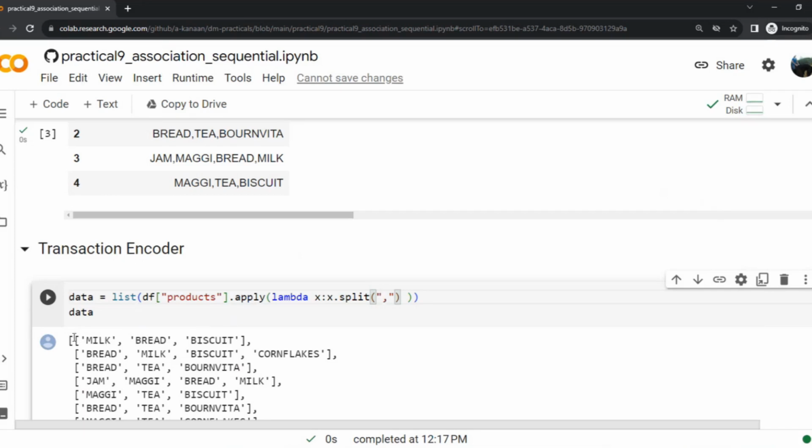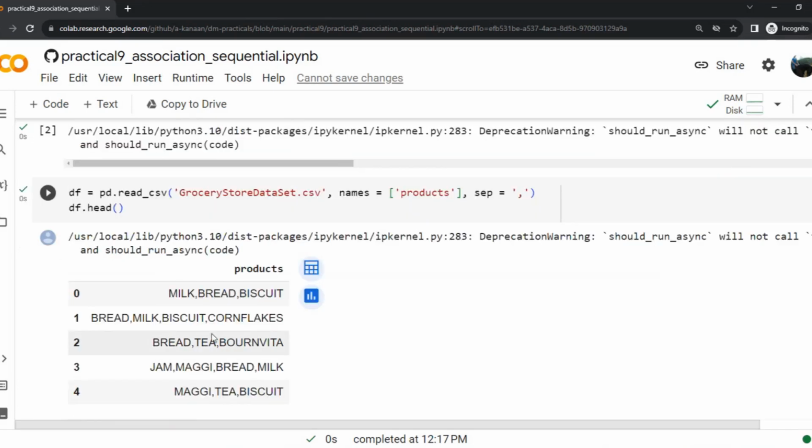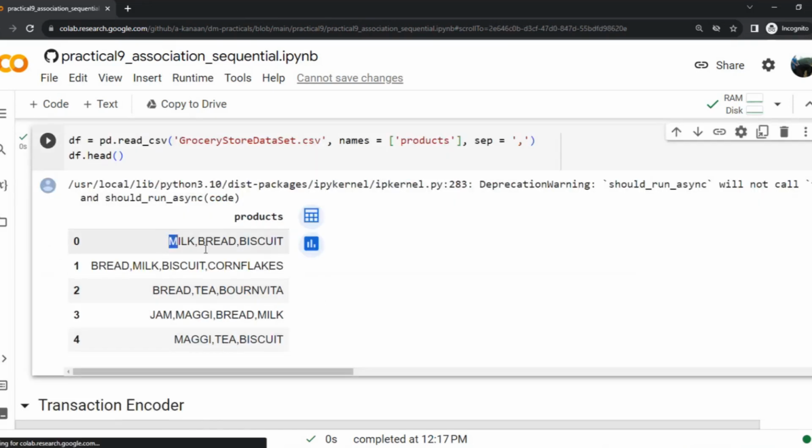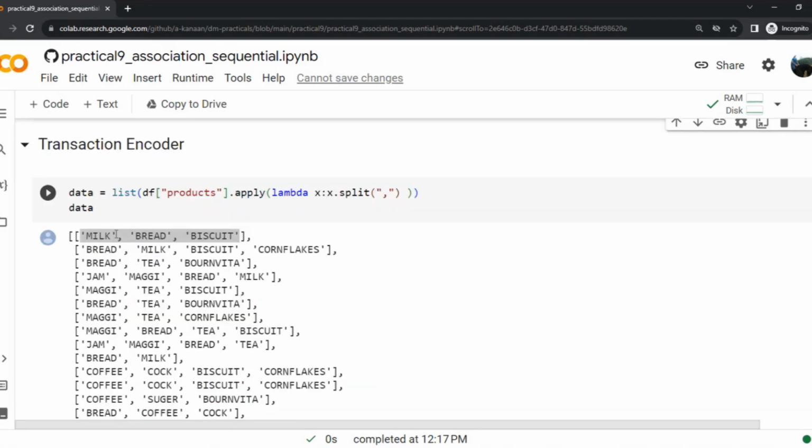At the end, you have a list for each transaction where the items are clearly listed. For example, milk, bread, biscuit: for this one we have 3 items, now split up properly and inserted into a list.